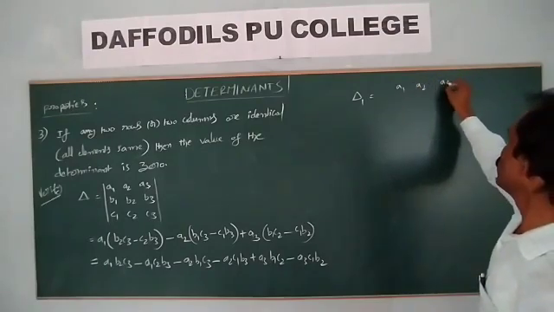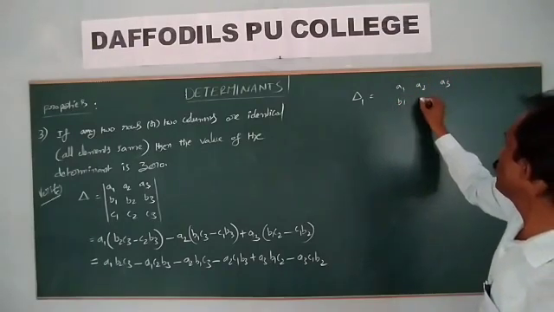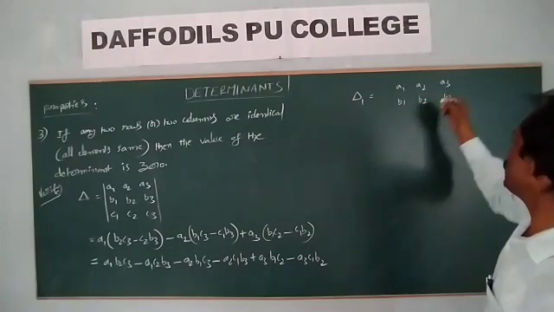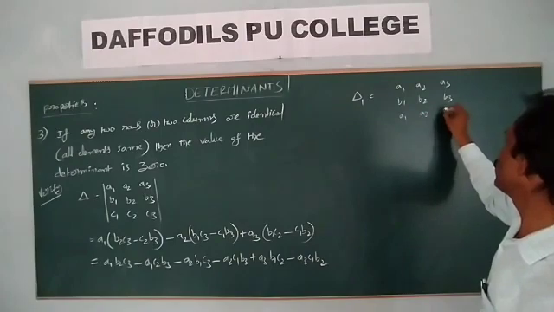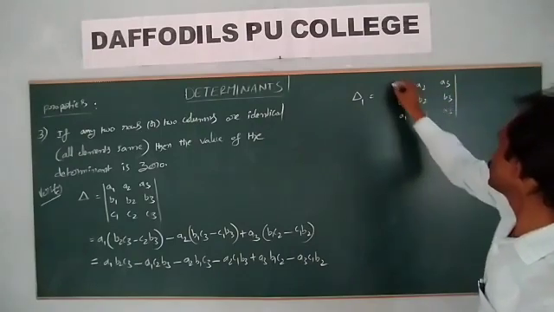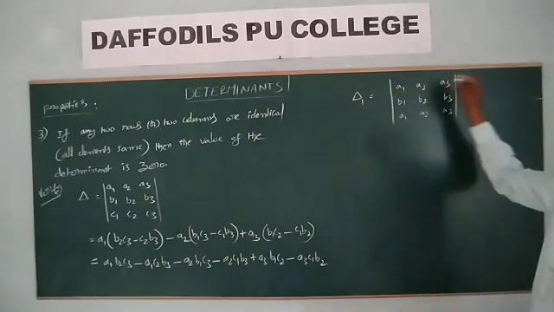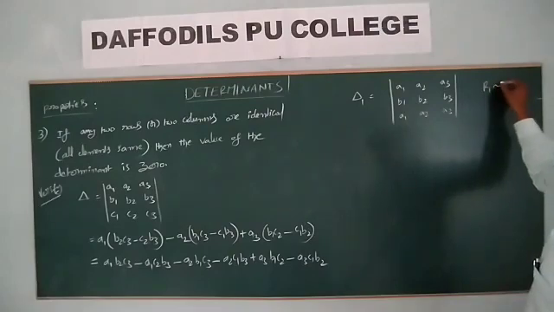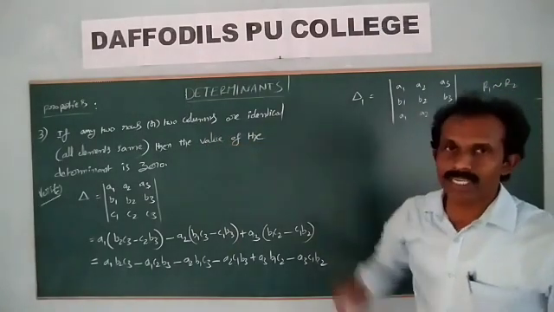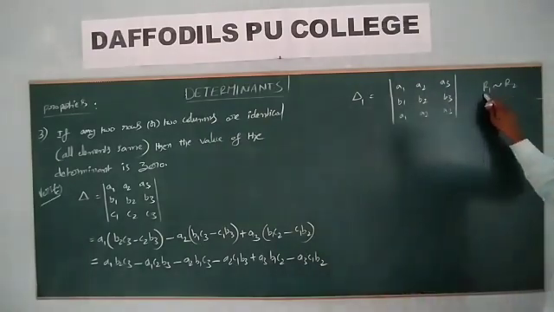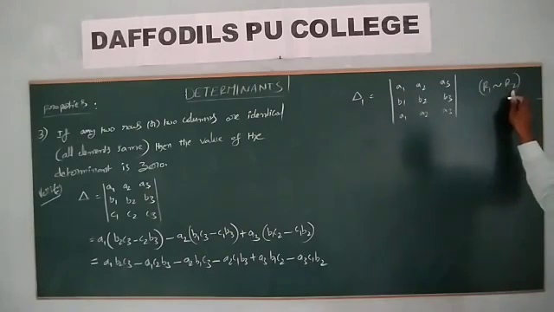A1, A2, A3, B1, B2, B3. Third row also A1, A2, A3. Here R1 is identical to R2. Any two rows or any two columns identical is denoted by this symbol: R1 identical to R2.